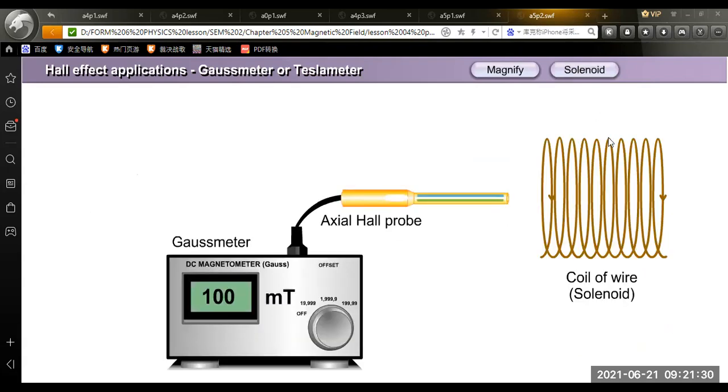When we put it near the magnetic source, the magnetic field produces the Hall effect. The Hall voltage measured can be used in a calculation. We can calculate the magnetic flux density.